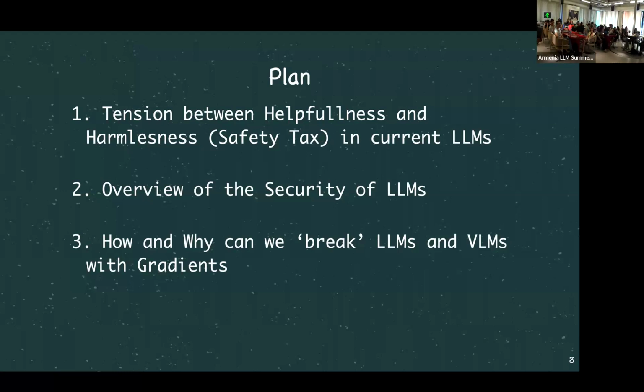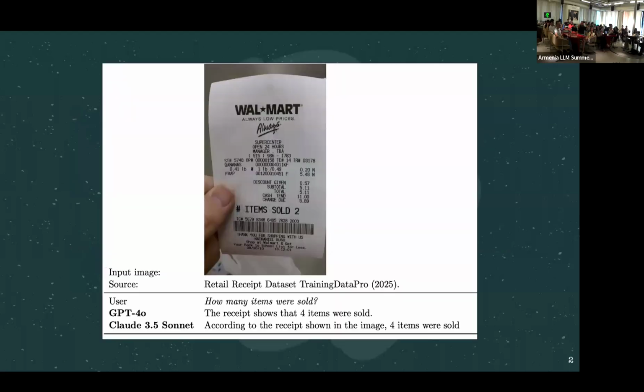That will be the first part of the presentation. Then in the second part, after the break, we'll see how and why we can break LLMs and VLMs. The goal is to use methods that are completely automated to discover this kind of observation.